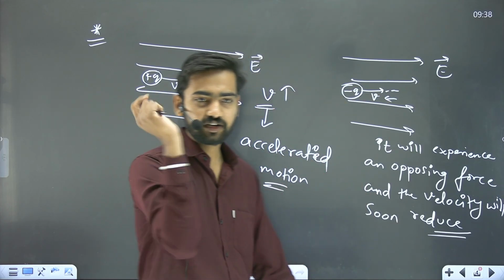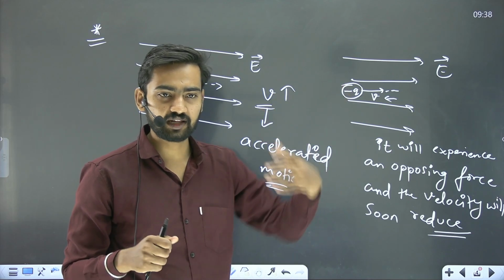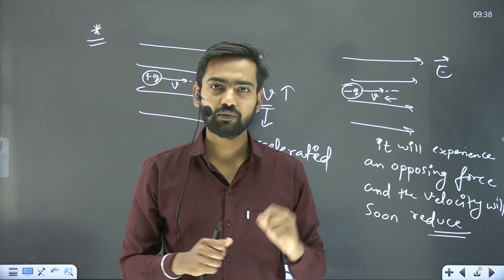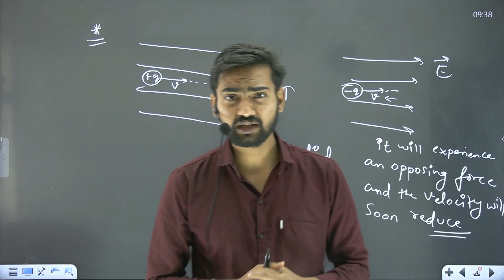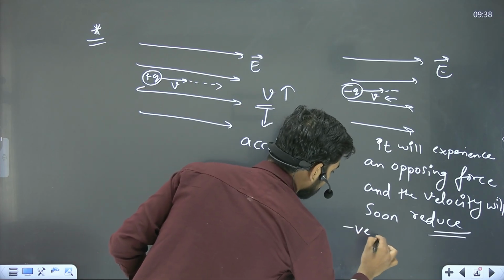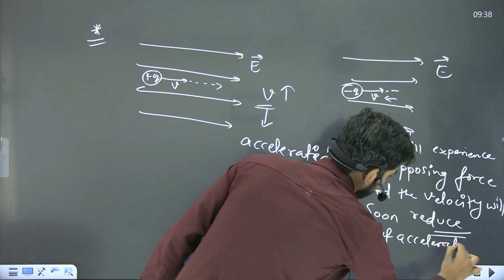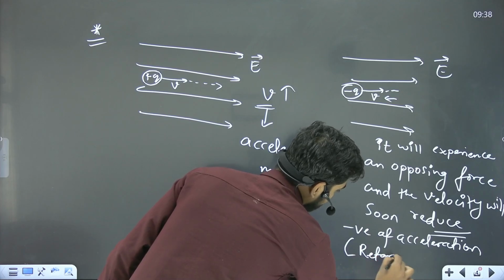Once the velocity is getting reduced by the opposing nature of the electric field, what will happen? The reduction of velocity is known as retardation, or we can say the reduction of velocity is known as negative of acceleration, or we can say it's a retardation.